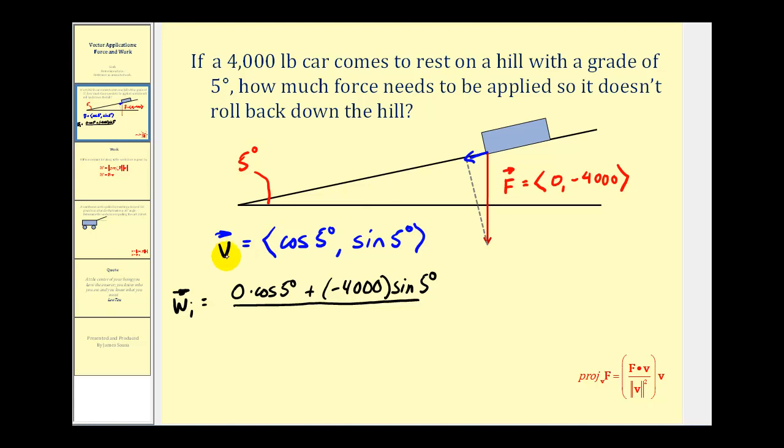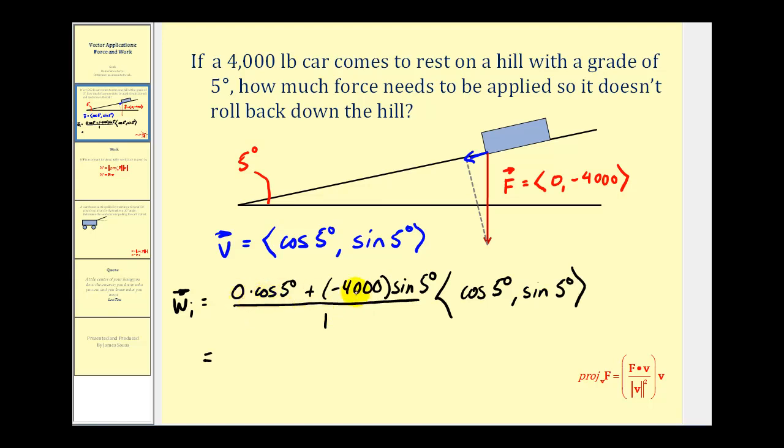Vector v is a unit vector, and therefore the magnitude is equal to 1. 1 squared is still 1. And we now need to multiply this by vector v, which is cosine 5 degrees, sine 5 degrees.